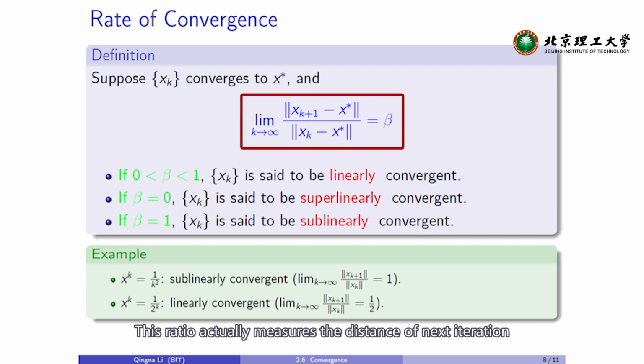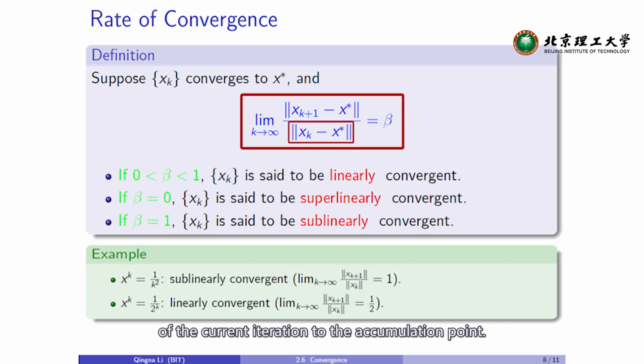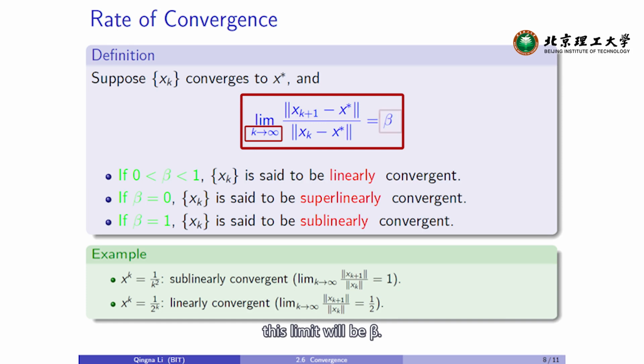This ratio measures the distance of the next iteration to the accumulation point over the distance of the current iteration to the accumulation point. If we take the limit for k running to infinity, we denote this limit as beta, a constant.